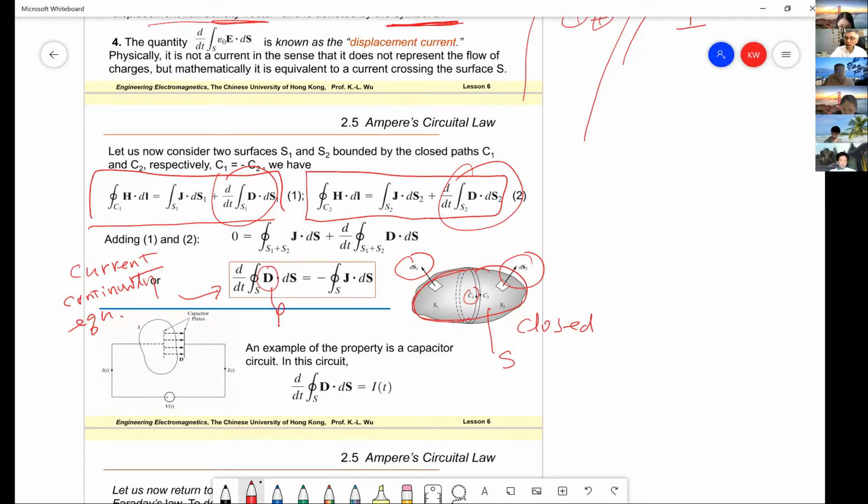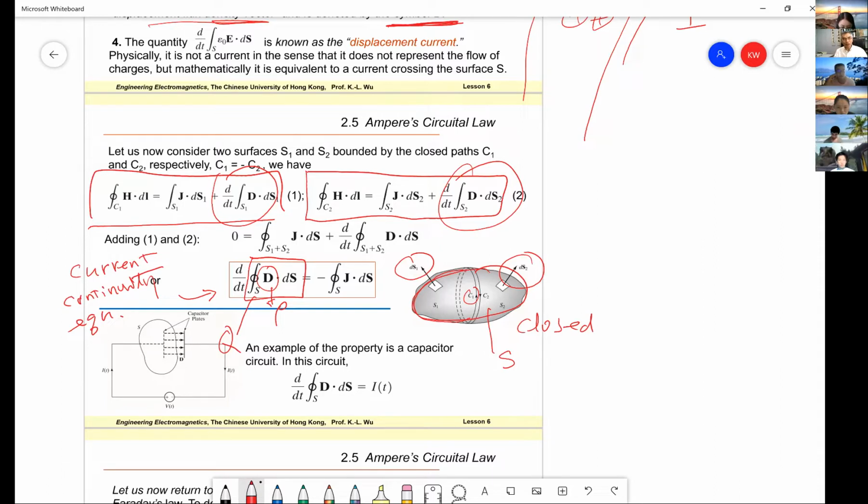If this is a charge density, then this over the surface will be the total charge. So the total charge changes with time.